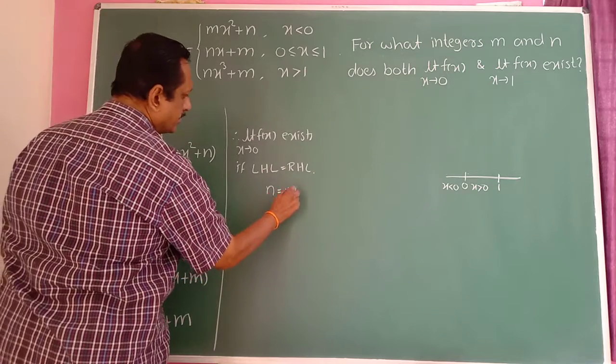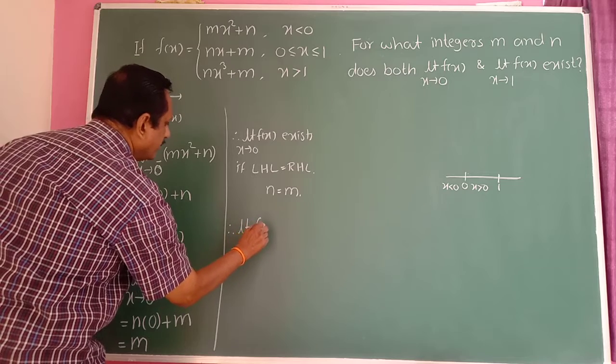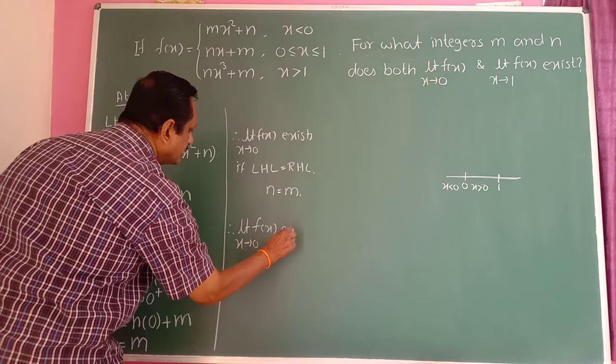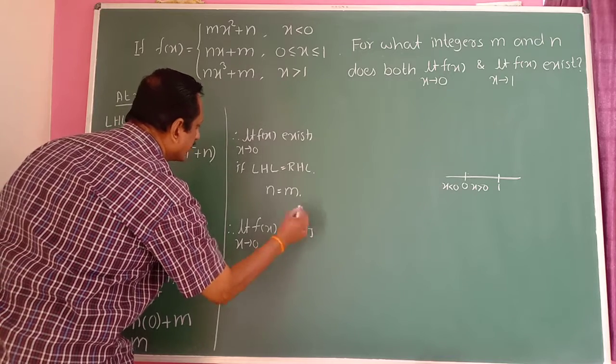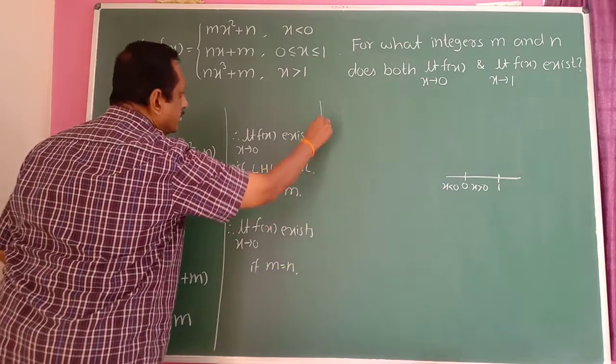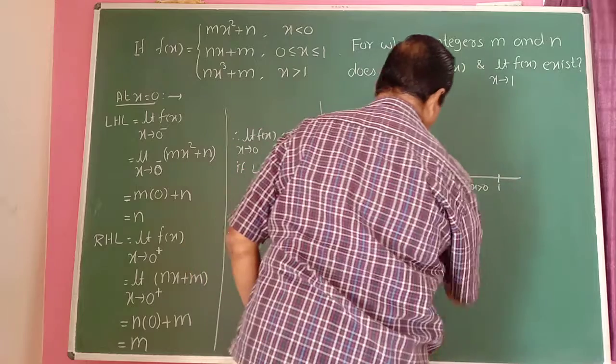Therefore, the limit of f of x as x tending to 0 exists if m and n both are equal here. Okay, this is the first solution.